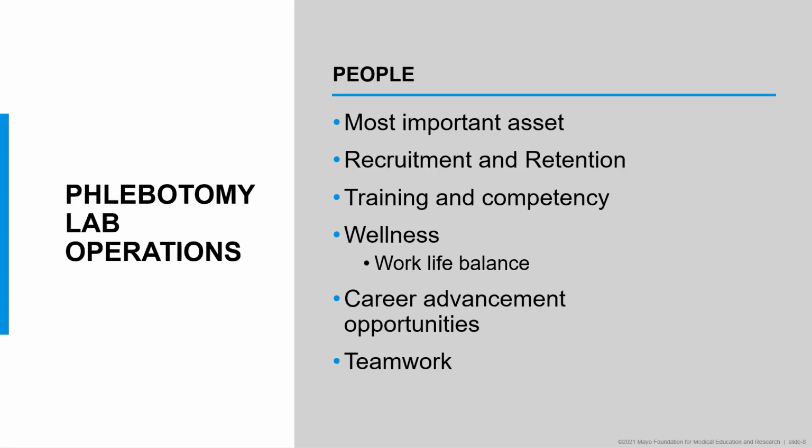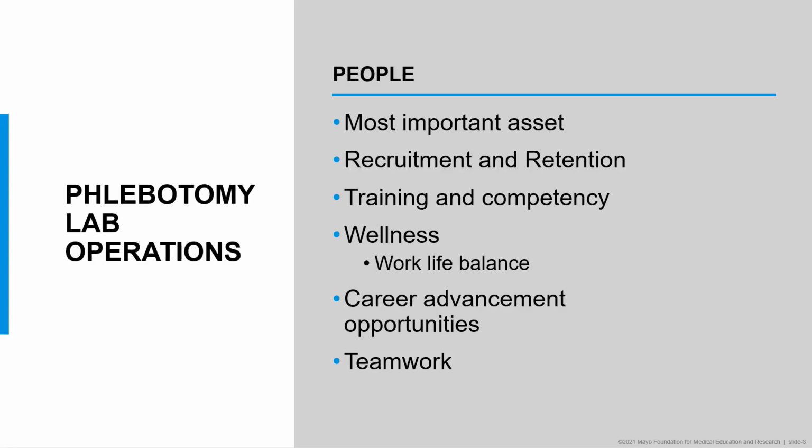Training and competency. Once you have the people in place, through your recruitment and retention, now you have to give them the proper training to do the task at hand. And so also having a training program helps. Part of the training program is annual or on a periodical system.